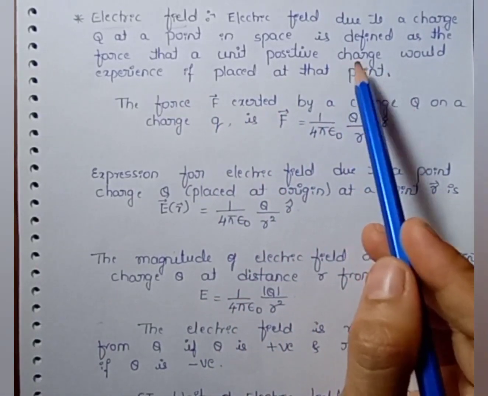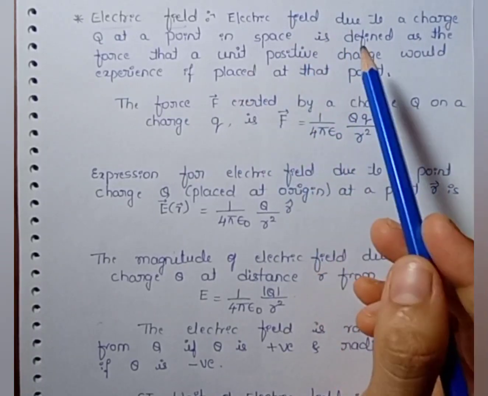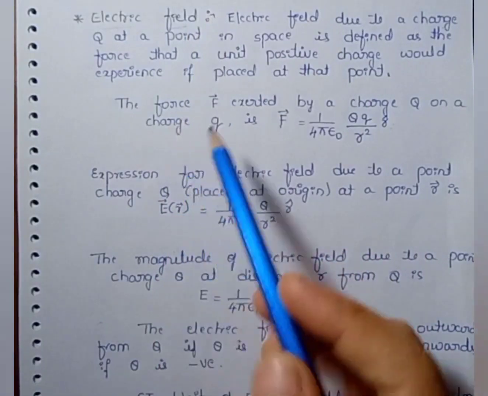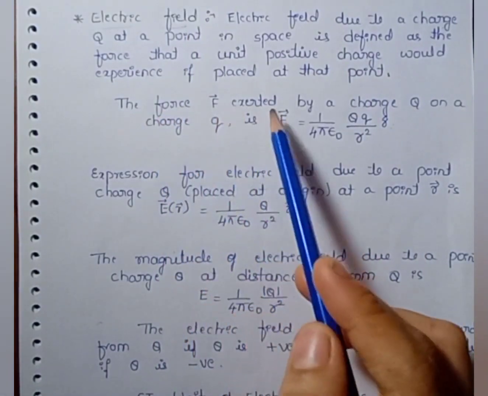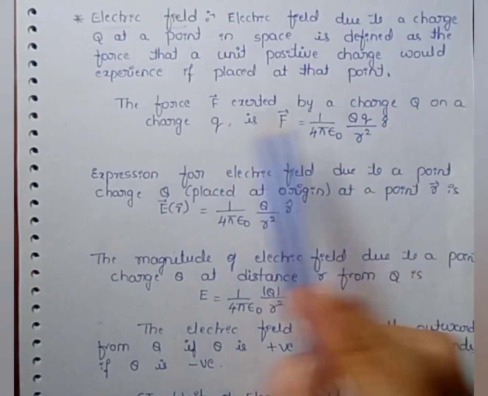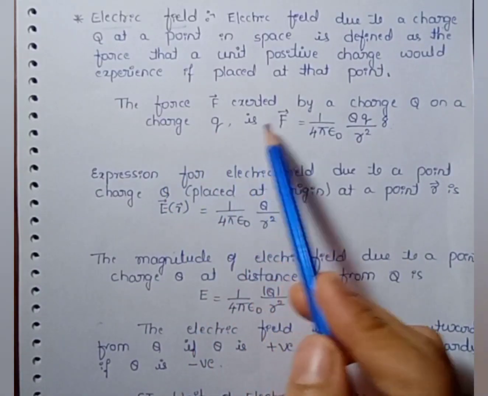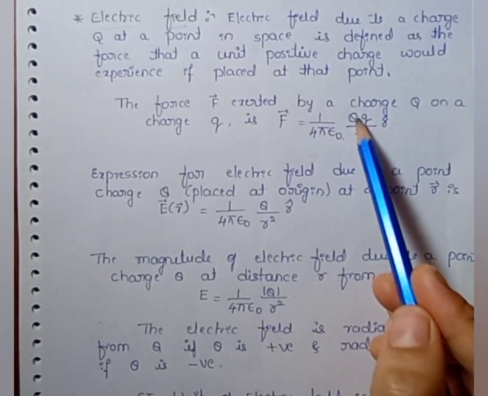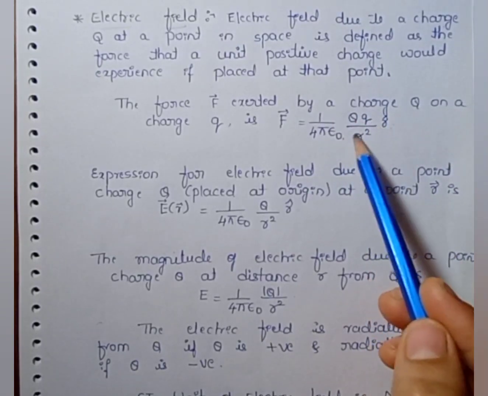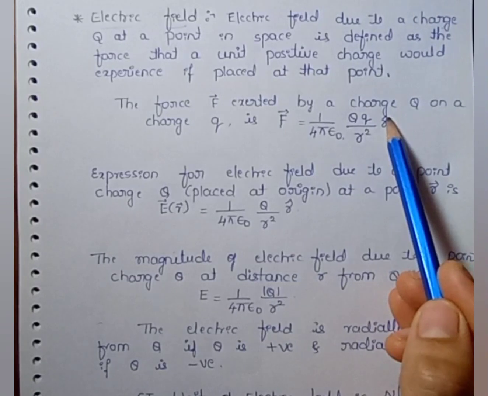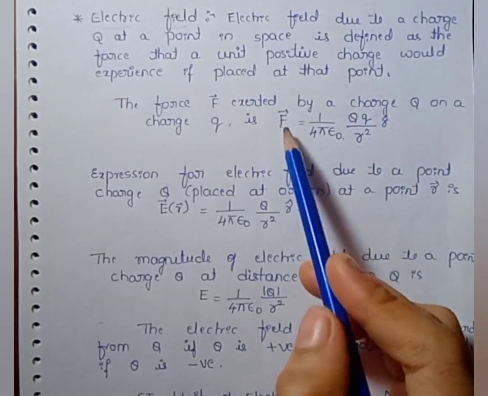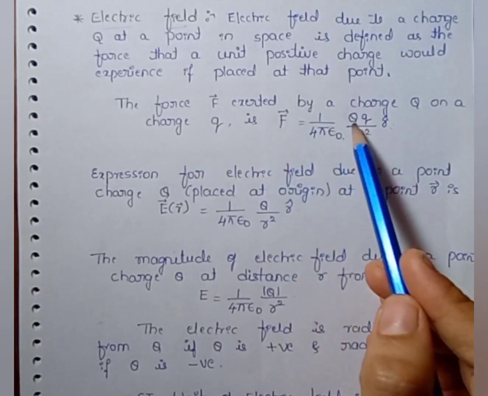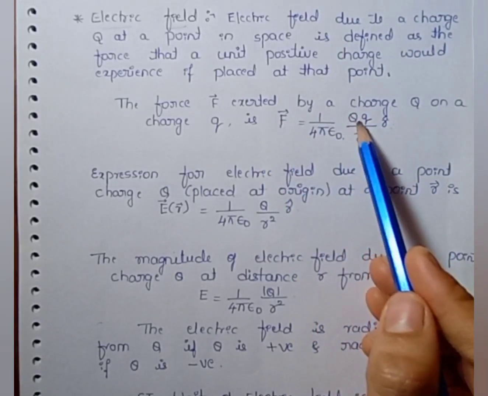The force that the unit positive charge experiences, we call that electric field. The force F exerted by a charge Q on a charge small q is F equals 1 by 4 pi epsilon naught capital Q small q divided by R square into R cap. How did we take this? In the same place where Q1 Q2 are in Coulomb's law, we consider capital Q and small q.